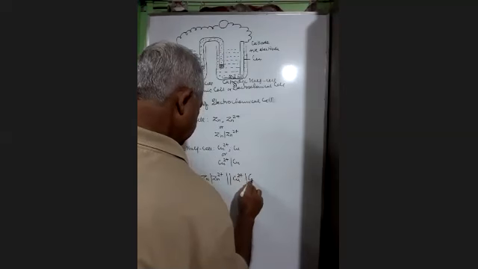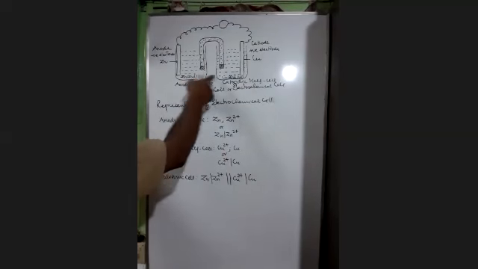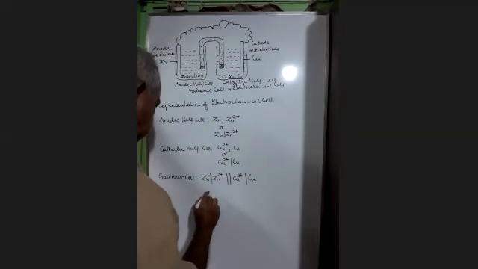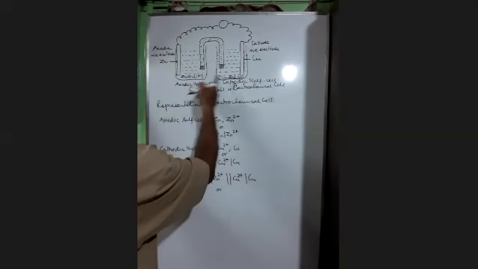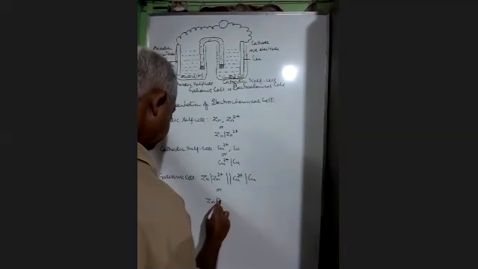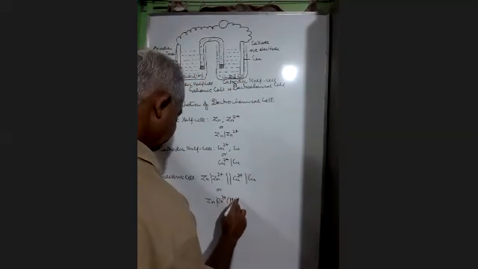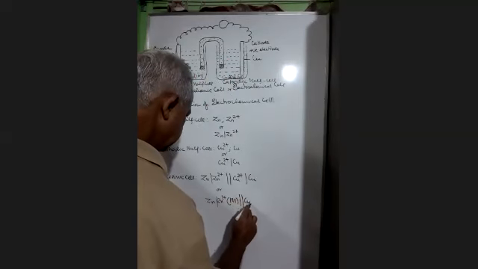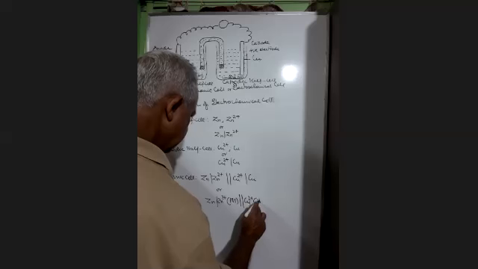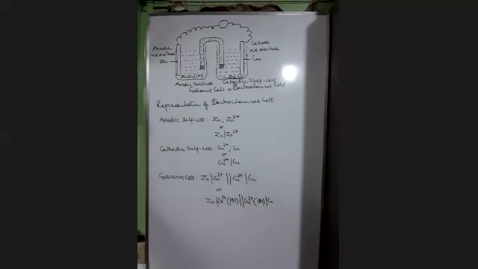Then Cu2 plus, Cu. Or you can also write their concentration. What is the concentration? 1 molar. So we'll write here Zn2 plus 1 molar is the strength of the solution, then Cu2 plus 1 molar. This is the way you represent a galvanic cell.